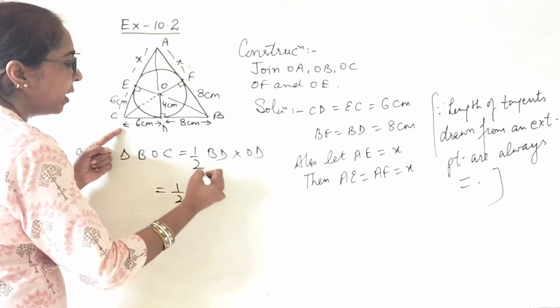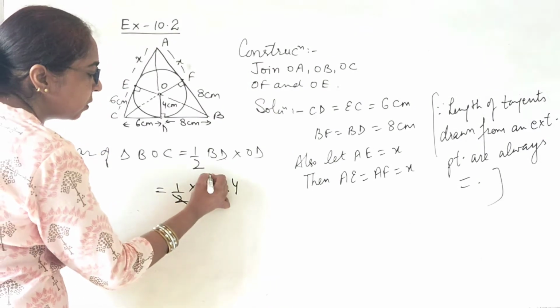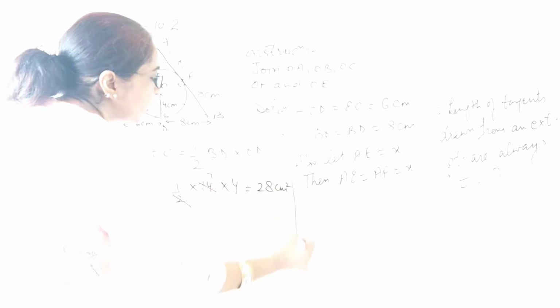That means 14, and OD is 4, right? So this will cancel out and the answer will be 28 centimeters square.